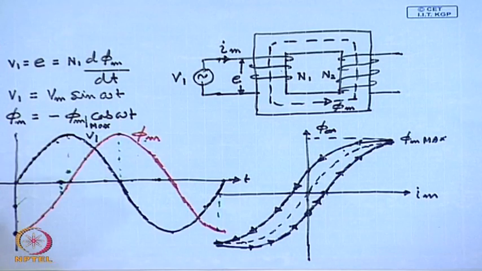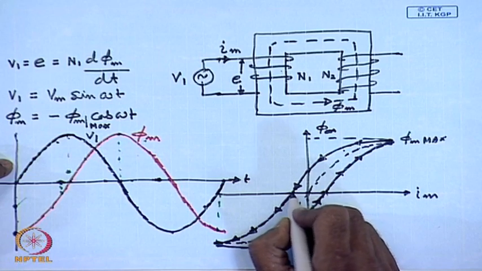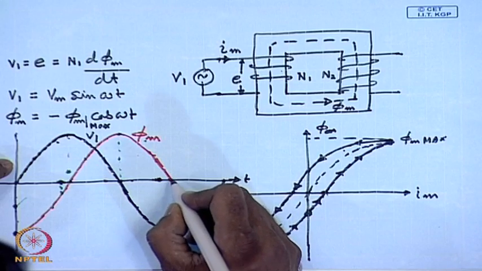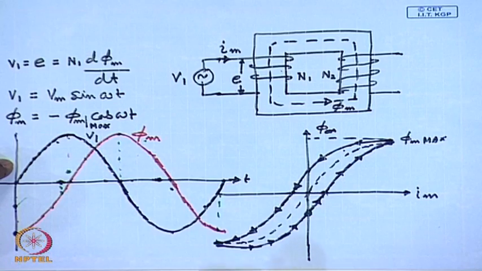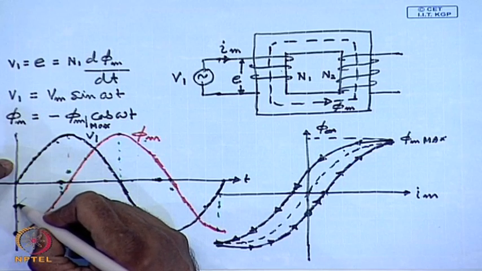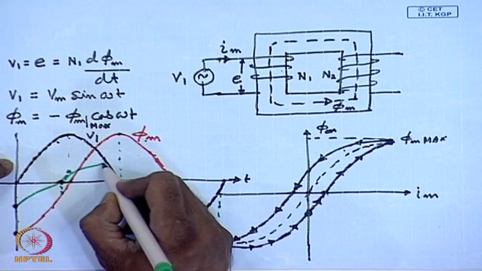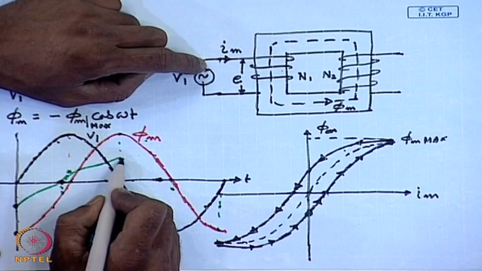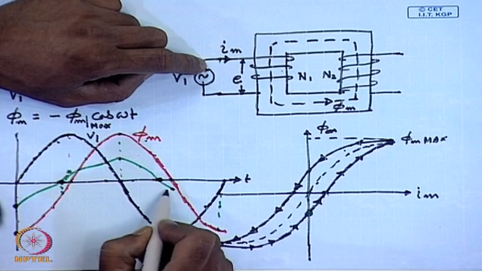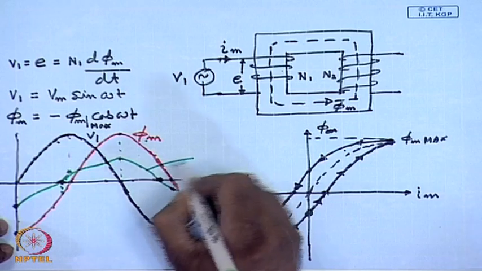So, this is the negative going 0 crossing of the magnetization current, and when the flux is 0, the magnetization current is already negative and it comes back to this point. So, the waveform of the magnetization current will look something like this, Im.